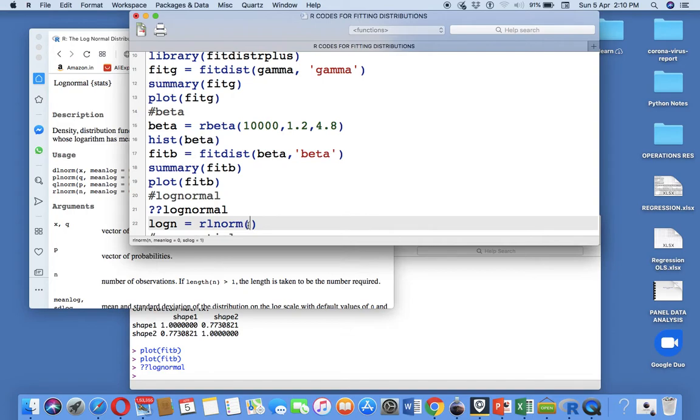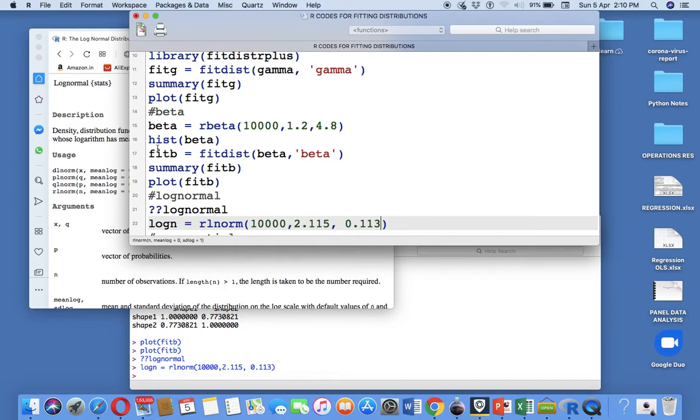So I am going to have 10,000 observations, and I am going to have a mean of 2.115 and a standard deviation of 0.113, and the data gets generated.